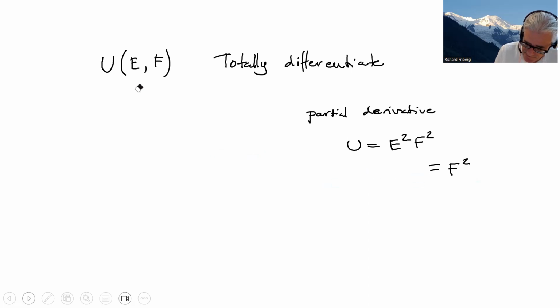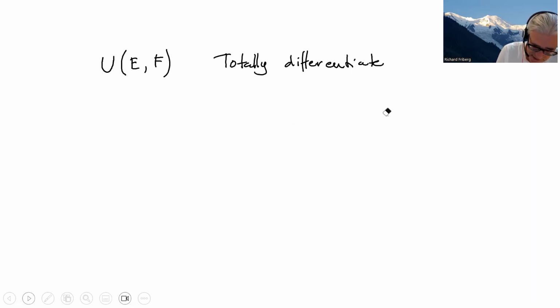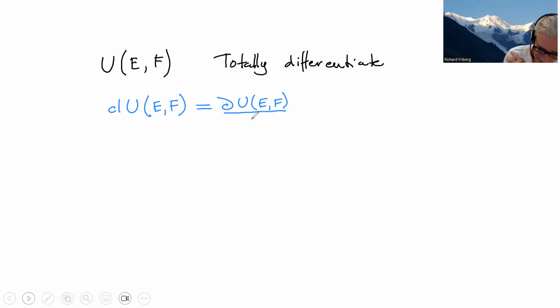Okay, so let's get going with the total differentiation, where we let everything change. Here we let utility change. What's the total change in utility? Well, that's given by the change in utility that comes from the marginal changes in E, so the partial derivative of the utility with respect to E, times dE.